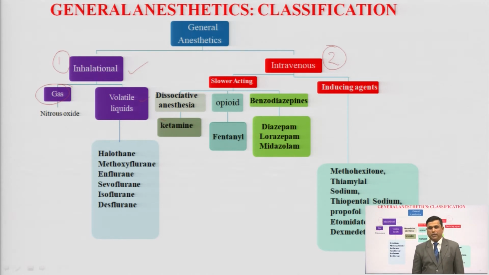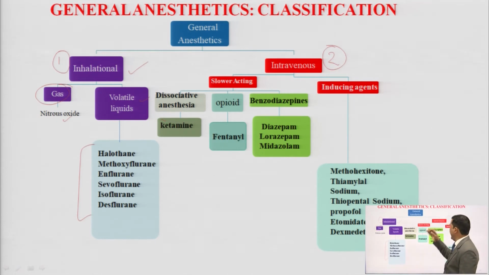In the gas, the well known example is nitrous oxide. The volatile liquids include halothane, methoxyflurane, enflurane, sevoflurane, isoflurane, and the last one, desflurane. So, these are the inhalational anesthetics.